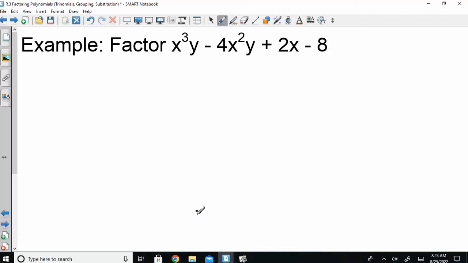Is there a greatest common factor? So 4 terms, that means we can't do slip and slide. Grouping. So remember in grouping, we try putting the first 2 together and the second 2 together.